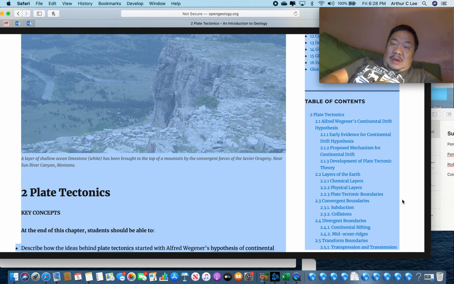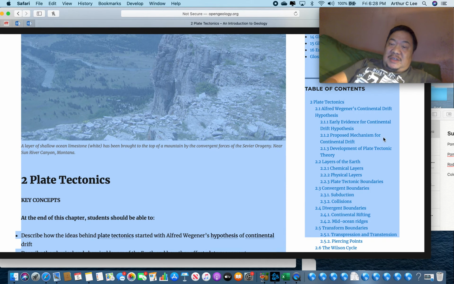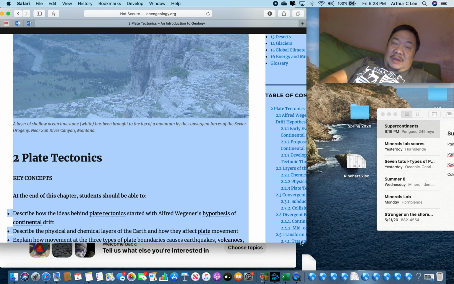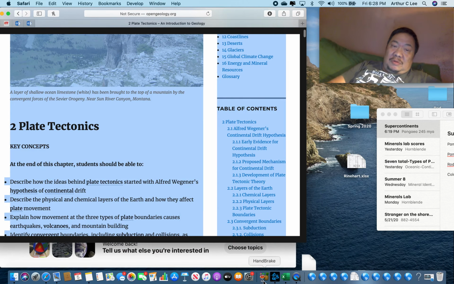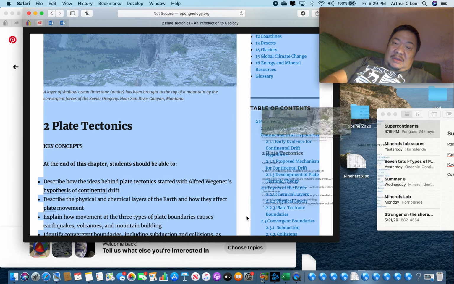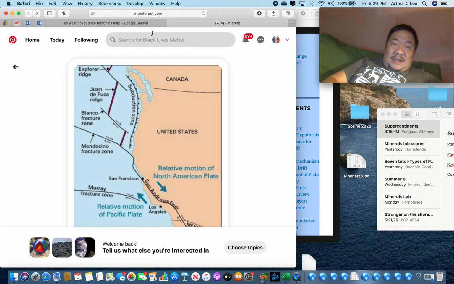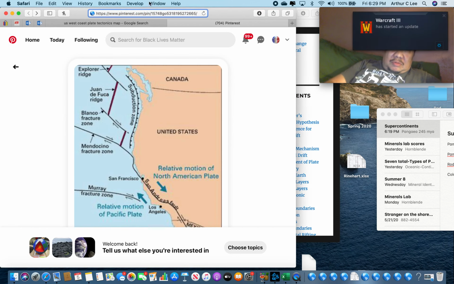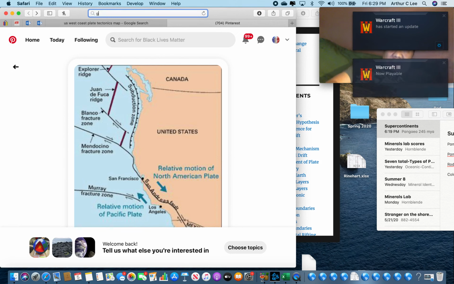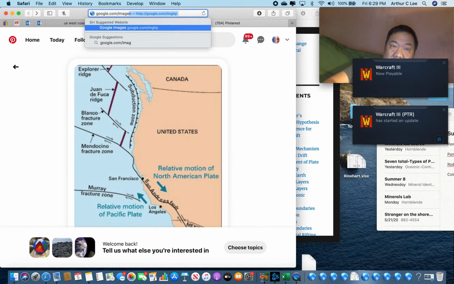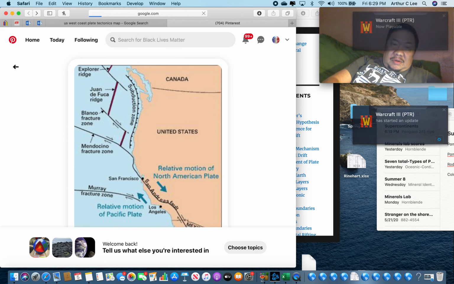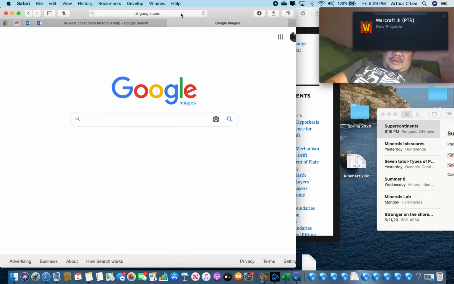Let's see, a few things I just wanted to mention. Don't forget for this next test that what causes plate tectonics to occur is convection in the mantle. Let me see if I can get a nice picture of it for you here.